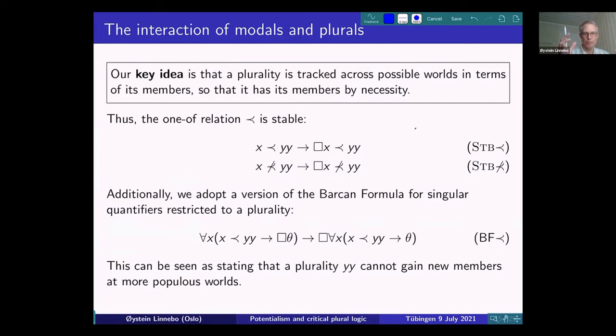So when you track a plurality from one possible world to another, you've got to do so in terms of its members. That's all the material you've got to go on. So you track pluralities in a rigid or extensional way in terms of members. So then you get very naturally stability of plural membership. You also do a trick based on a version of the Barcan formula for restricted quantification to ensure that pluralities can't gain members even when the domain expands.